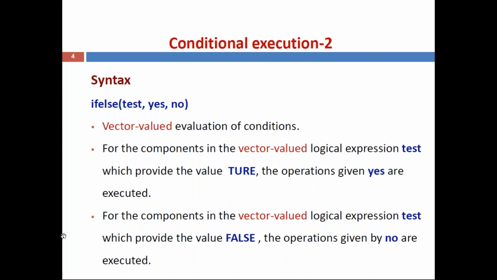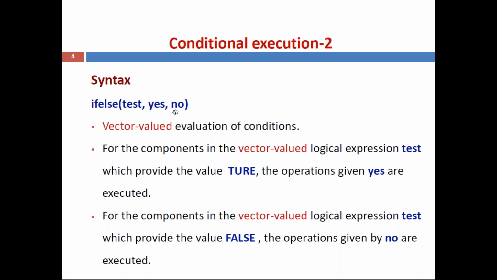The syntax for this other way of defining if-then-else is the command ifelse, without any space between the two. It has three arguments. The first argument is test, which includes the condition to be tested.